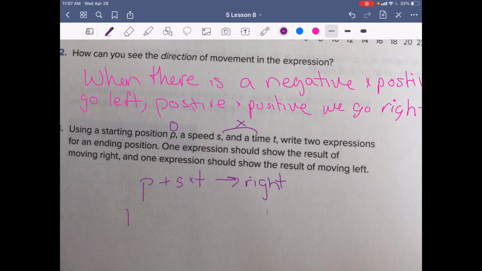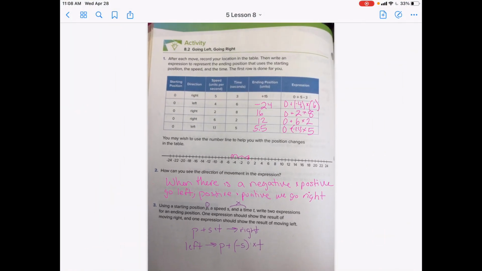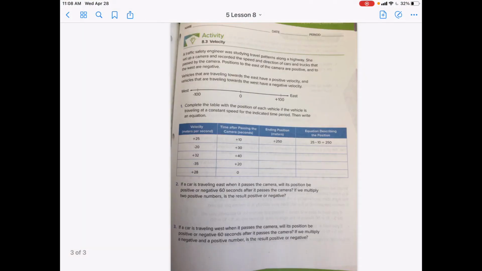Or if we want to know how to go left, we would have P plus negative S, nope, not times, add. We're adding right there. Times T. Okay. Let's move on to the next page.